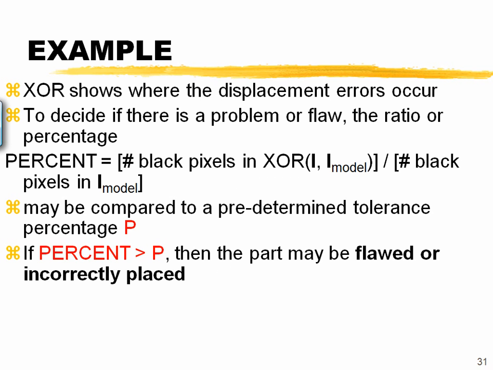So one simple thing you can do is compute the percentage of black pixels that you get as a product of your exclusive OR operation, and take a ratio of that number of pixels to the size of the object. Okay. So if I get that, and say this percentage is higher than a certain threshold value, well, I need to reject that part. If not, okay, I'm happy. Right?